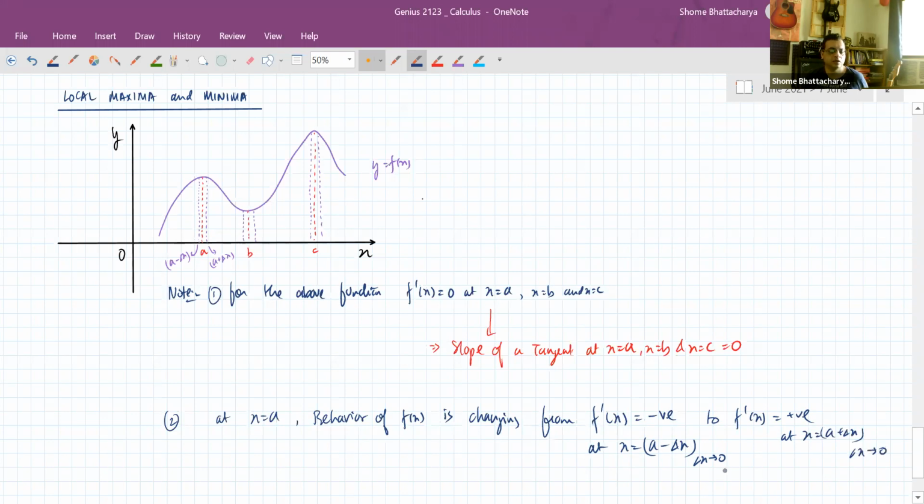Here delta x is a positive quantity. Delta x is a quantity which is tending to 0 but positive.